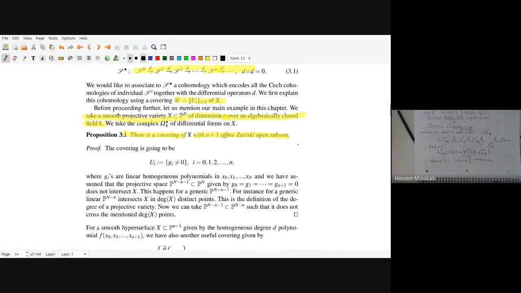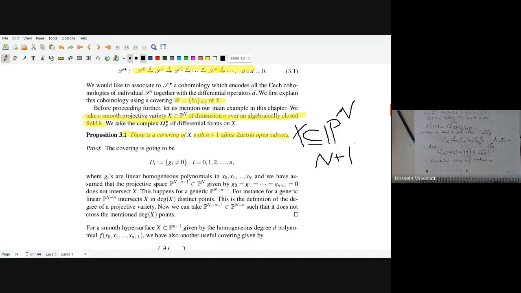Remember that when X is a subset of projective space P^N, P^N already has a covering with N plus 1 affine open sets, and these will give a covering of X. But this is too many open sets.